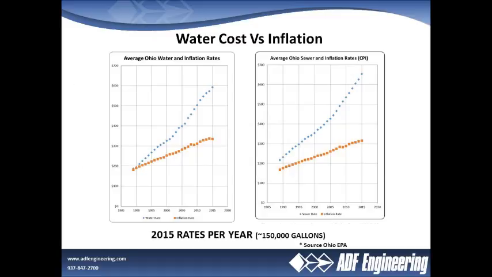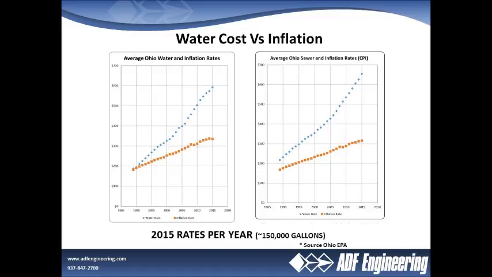This is a slide from Ohio EPA, and the last year of data it looks at is 2015. But basically what this is showing is, the orange curves are the inflation, the blue curve on the left is the cost for the fresh water, and the blue curve on the right is the cost for sewer disposal.